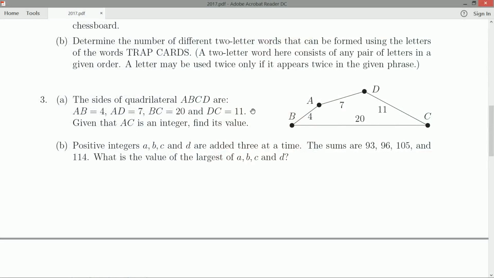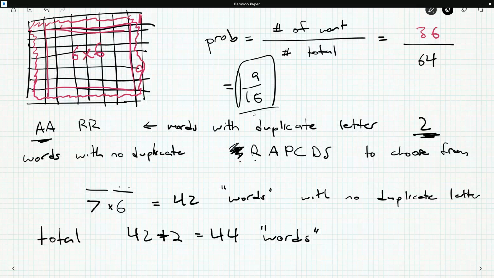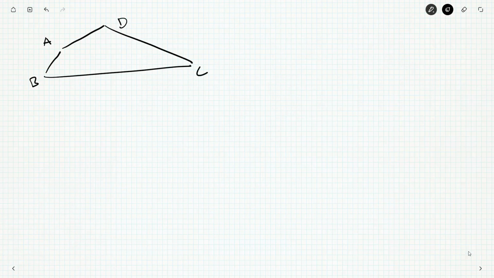Ooh, okay. So let's draw a picture, but a picture that includes AC. Okay, they bothered to single this out. So we got A, B, C, D. It was a 4, a 20, a 7, and I think this was 11.